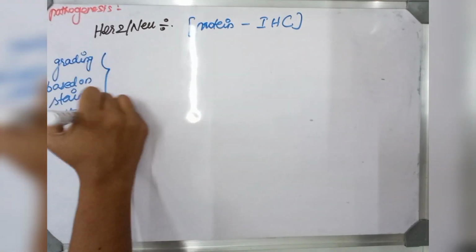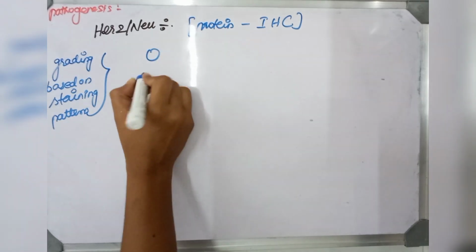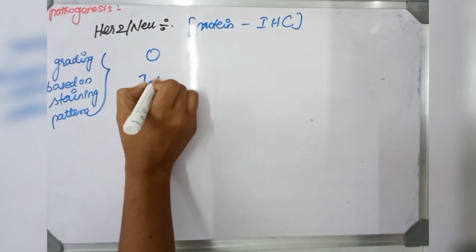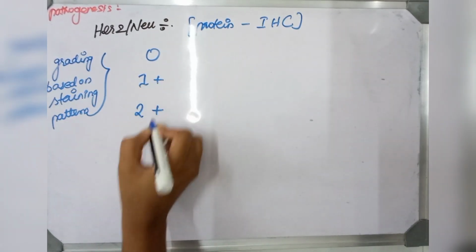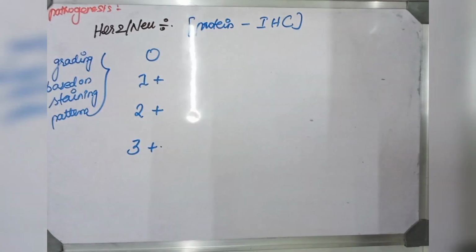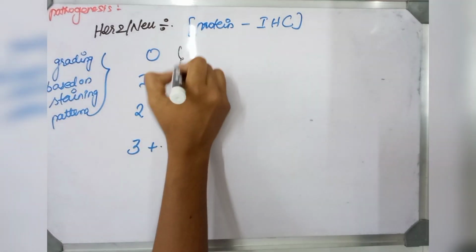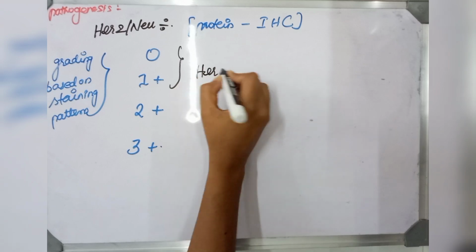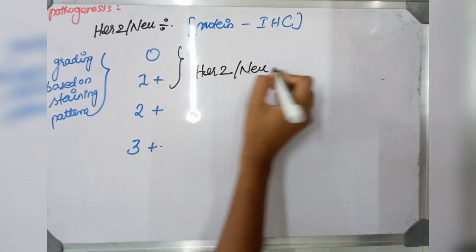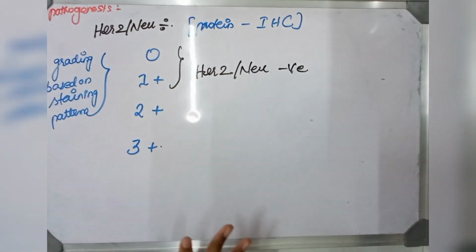What is the grading? 0, 1, 2 and 3. These are all the gradings. So what do 0 and 1 indicate? 0 and 1 indicate HER2/neu negative.